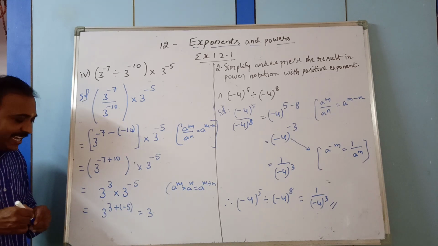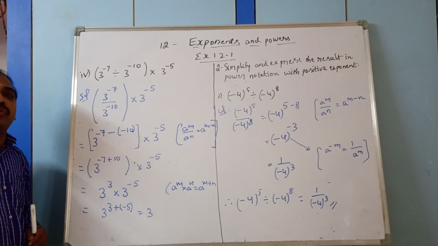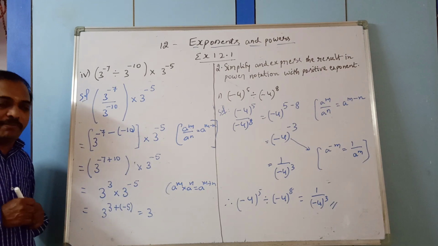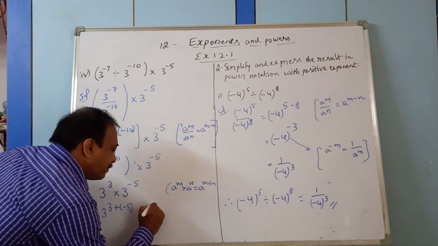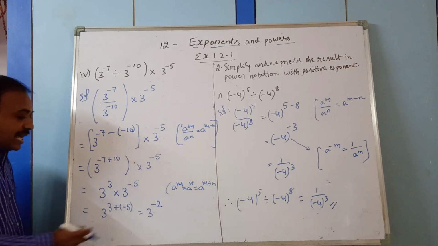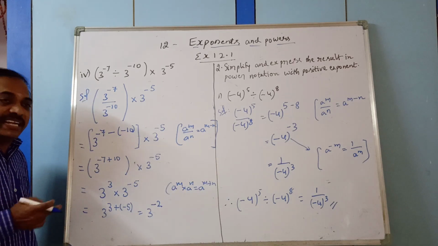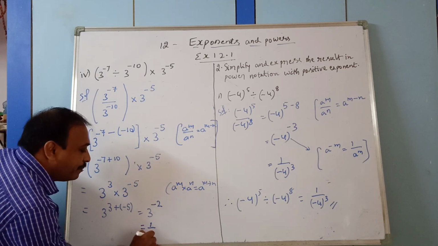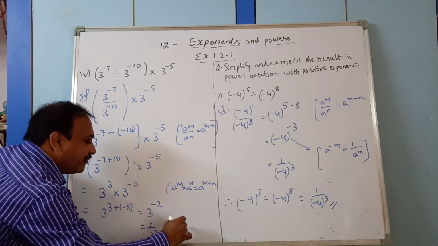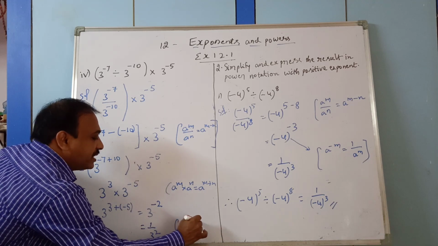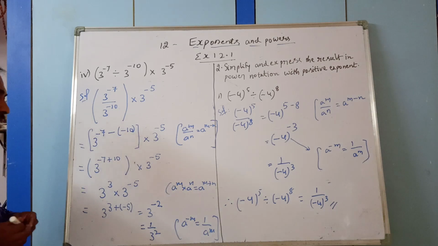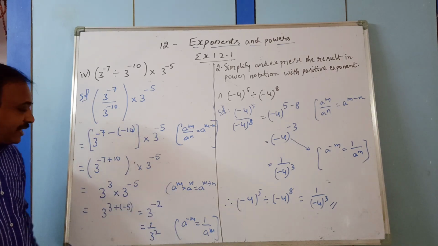One is plus, one is minus, so we subtract, ignore the sign, and keep the bigger number sign, that is 3 to the power minus 2. Now 3 to the power minus 2 can be written, again using the identity, as 1 by 3 square. What is the formula we are using? A to the power minus m is equal to 1 by a to the power m.